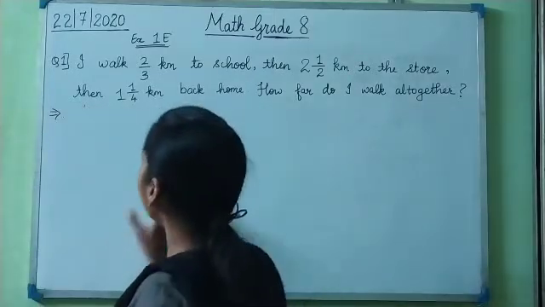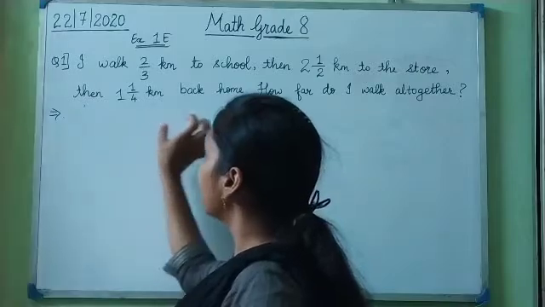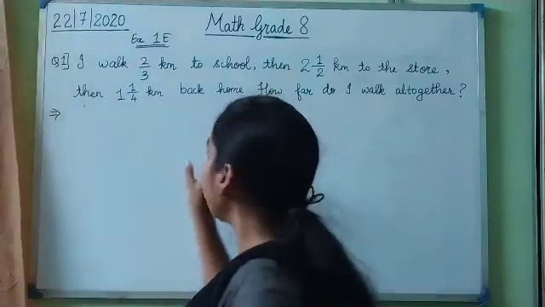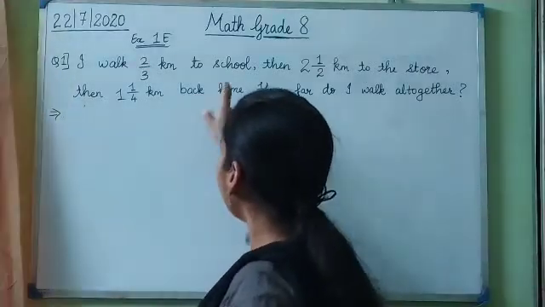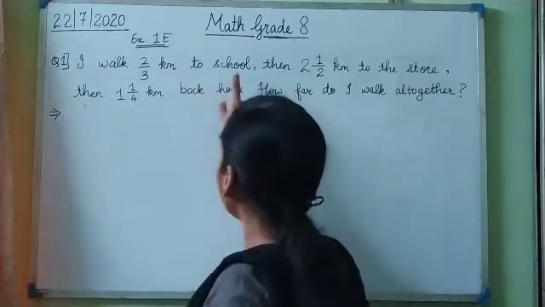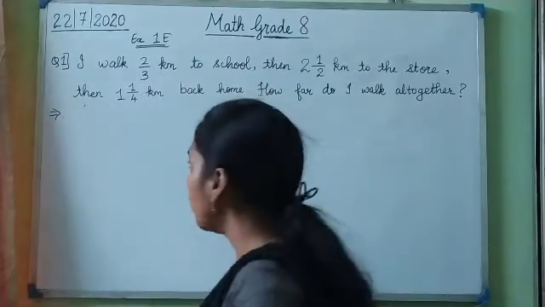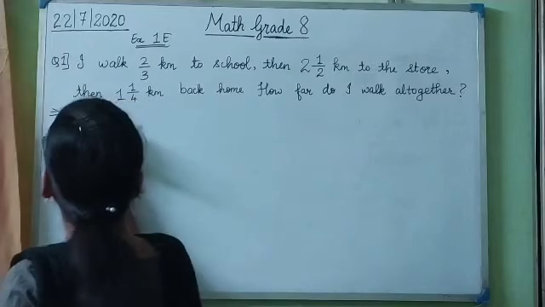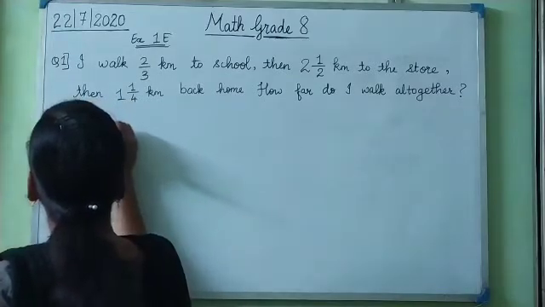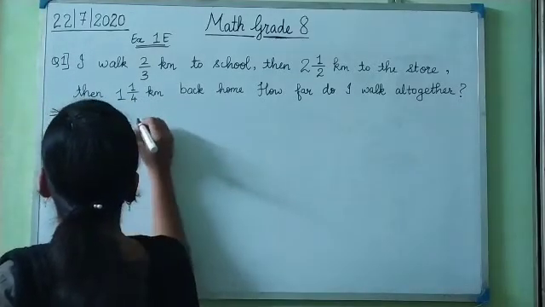Okay, so first I write the distance he has walked for every time. Okay, so first time he has gone to the school, so I write the distance walked to school.